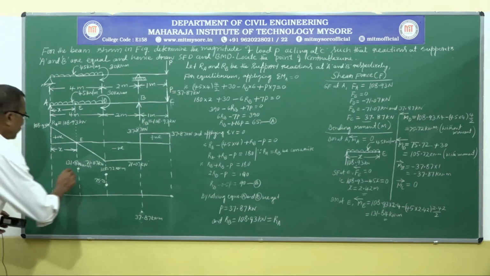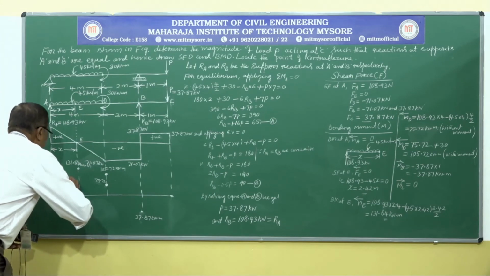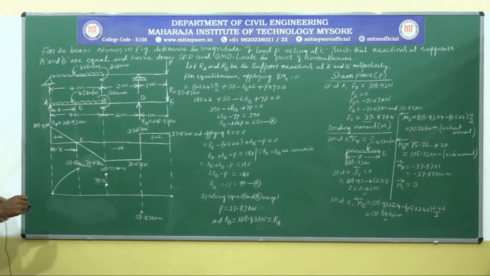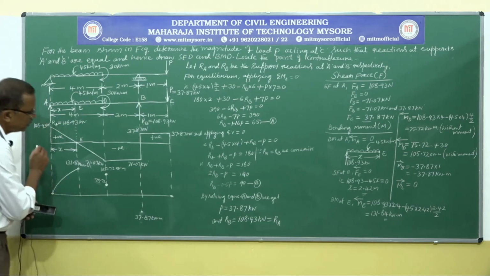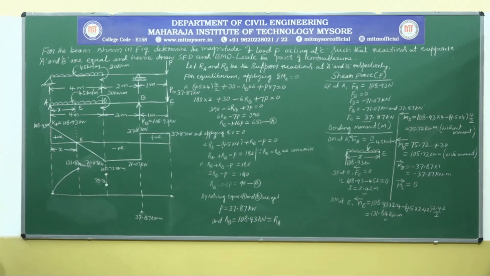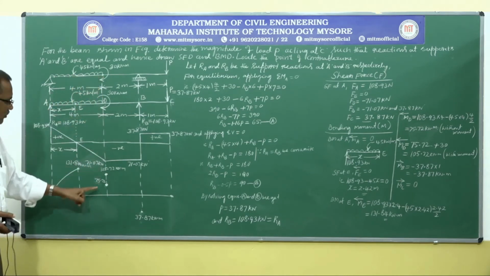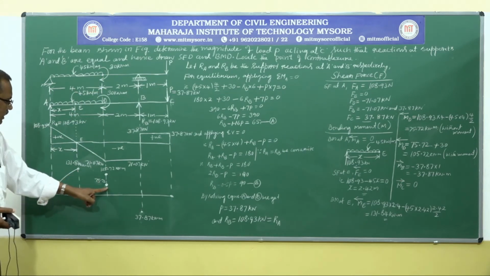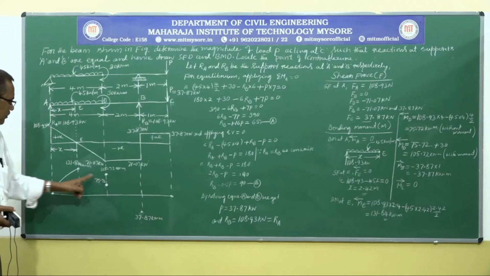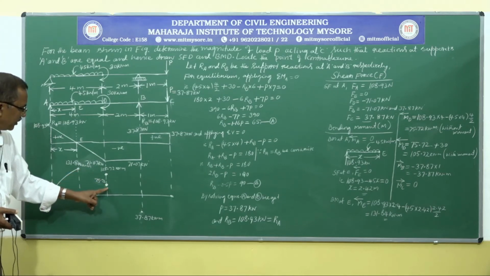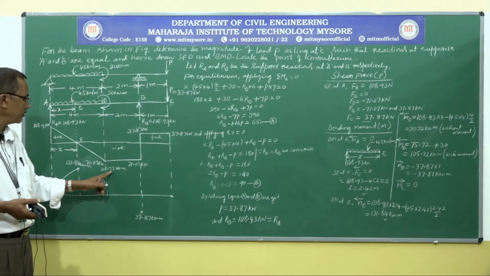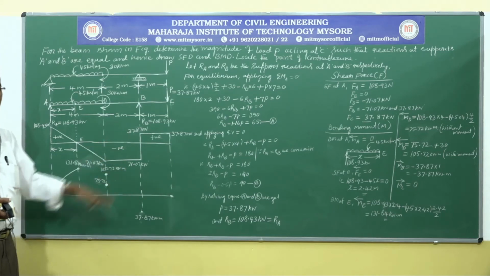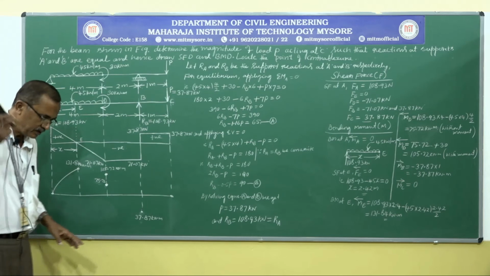Bending moment diagram for a uniformly distributed load is a parabola between A and E. Again, between E and D also there is a uniformly distributed load, so the diagram is a parabola, and there is again a confusion about which point to connect first from E to D, because there are two values at point D: whether to connect to 75.72 kilonewton meter or to 105.72 kilonewton meter. Obviously, it leads to confusion.